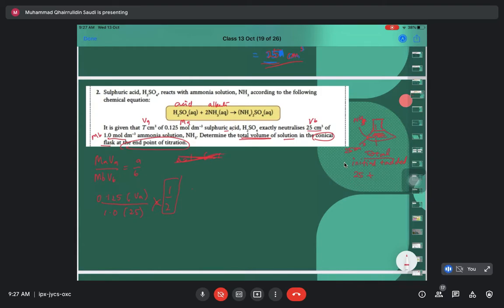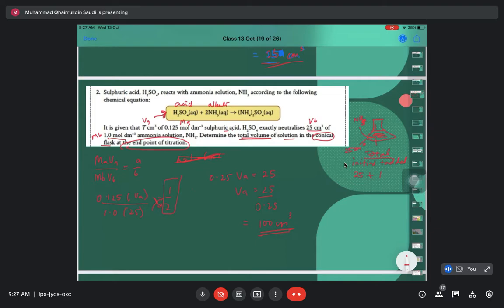It must depend on the chemical equation. I remind you once again. So 0.125 times 2 is 0.25. Va equal to 25. So Va equal to 25 divided by 0.25. 100 centimeter cube is the volume of acid added.